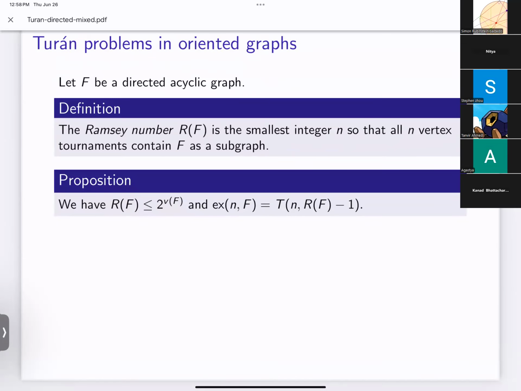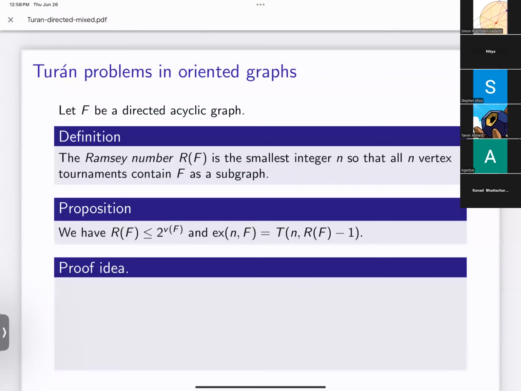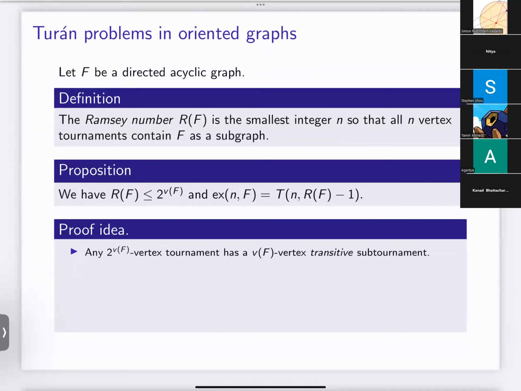So let me first start by making some observations about how the Ramsey number is related to the extremal number. I'll give you a proof idea for these two separate facts. The first is that the Ramsey number is finite, which is not obvious from what I said originally. Maybe there's some fancy way to always find some tournament that does not have a copy of F, but it turns out not to be the case.